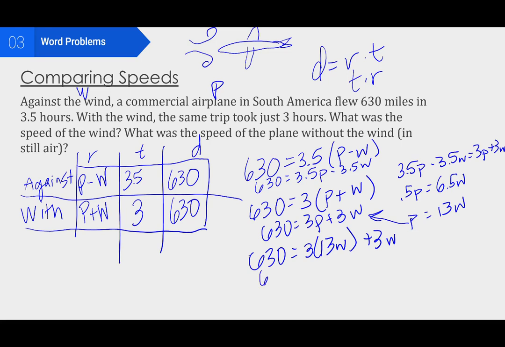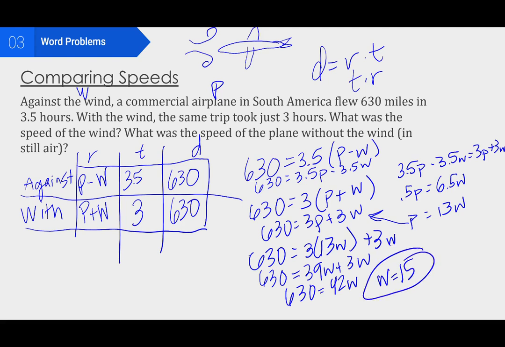Distribute that, so we get 3 times 13 is 39. Add those together, and we get 42W equals 630, divided by 42. The wind speed is 15 miles per hour. Now we just need to find the plane speed. 13 times 15 is 195.